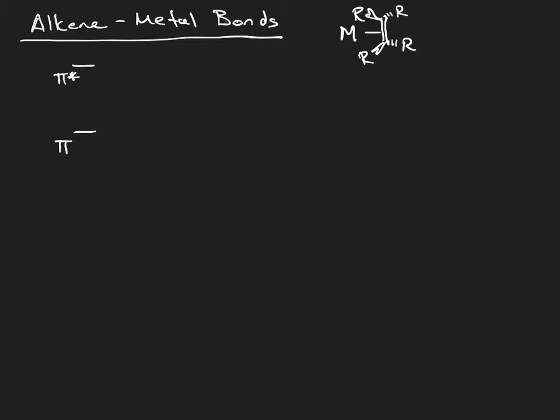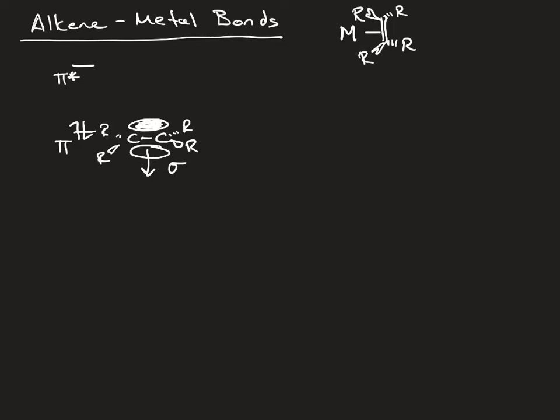So the filled pi and the empty pi star. The pi looks like this and will donate into the metal center in a sigma type fashion.